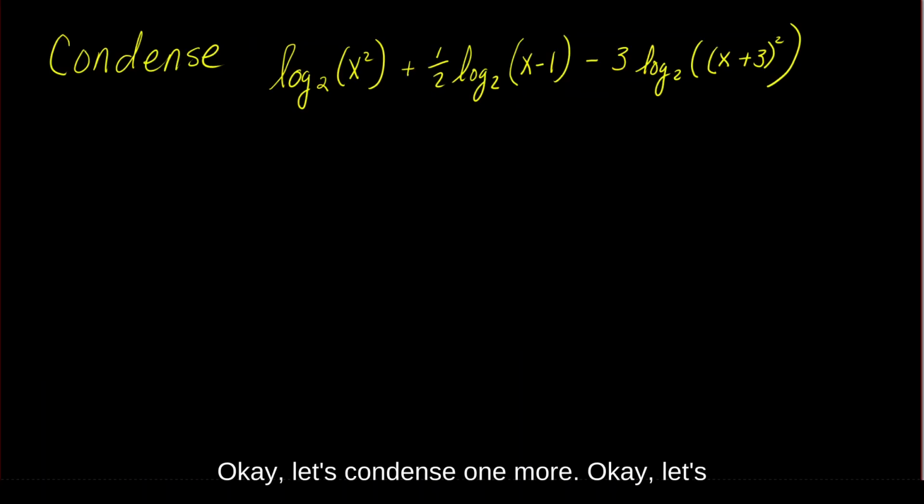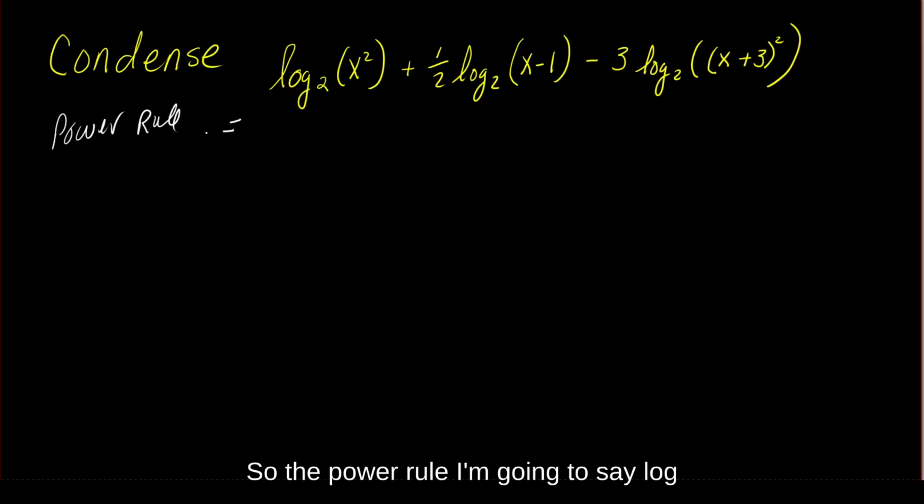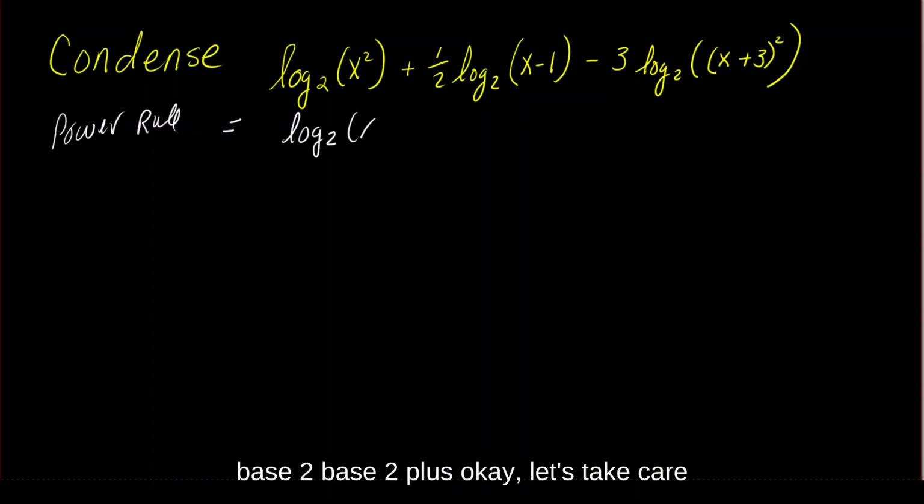Okay, let's condense one more. Okay, let's do our power rule first. So the power rule, I'm going to say log base 2 x squared plus, okay, let's take care of this half. Let's bring the half back over to the other side.